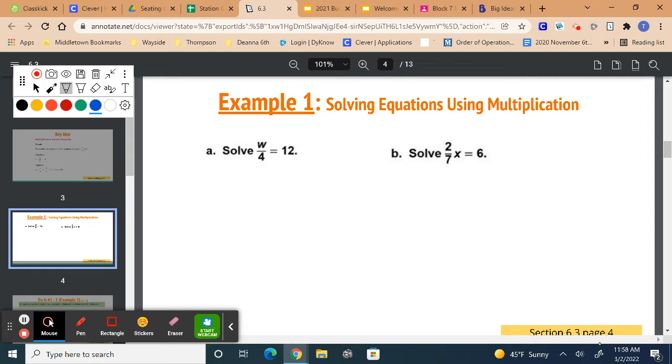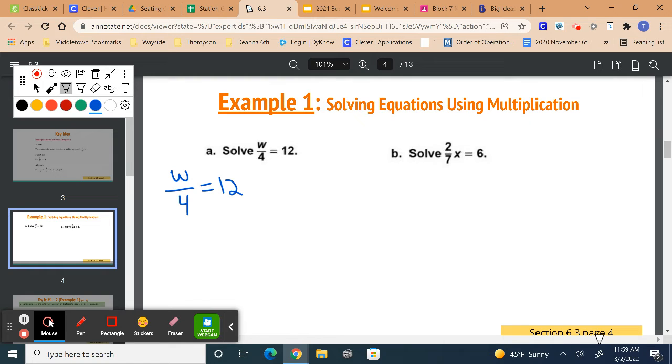All right, so you're going to write W over 4 equals 12. This is pretty much the exact same problem as we just did. All right, so what's our goal? Amy, got it.